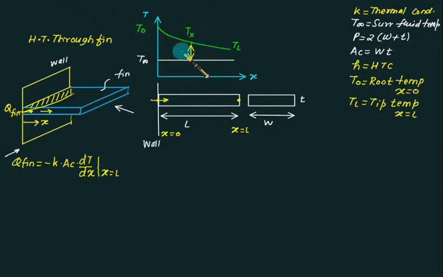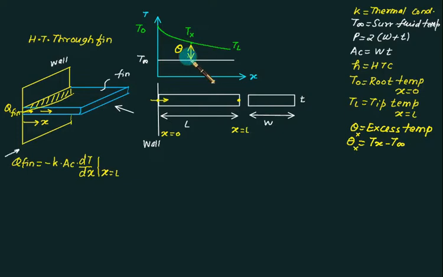This is the excess temperature the fin has over the surrounding temperature. So theta is called the excess temperature, normally represented as theta x. Excess temperature is always taken as a positive value. So this is the temperature difference between Tx and T infinity. So we have Tx minus T infinity equal to theta x.